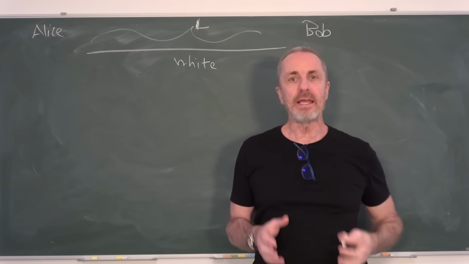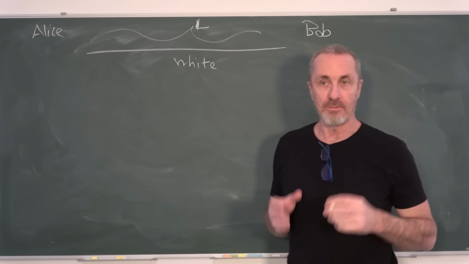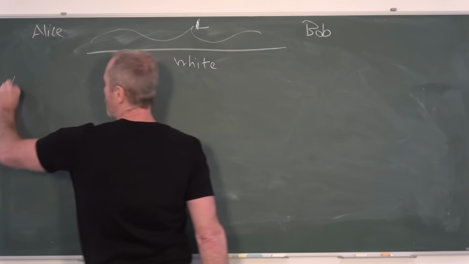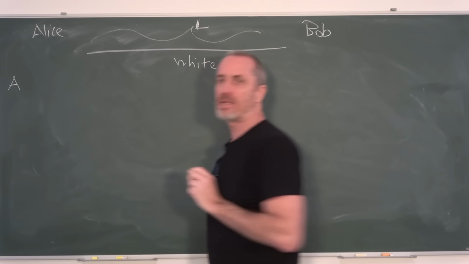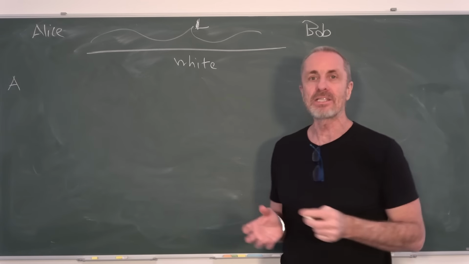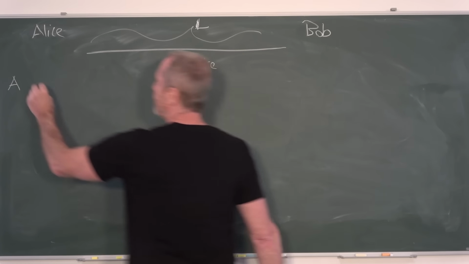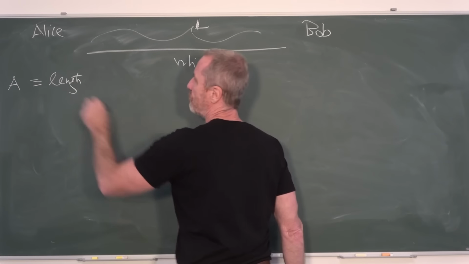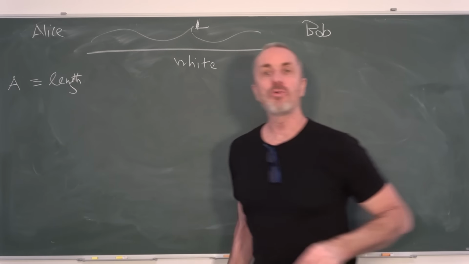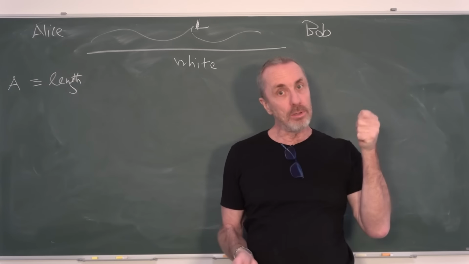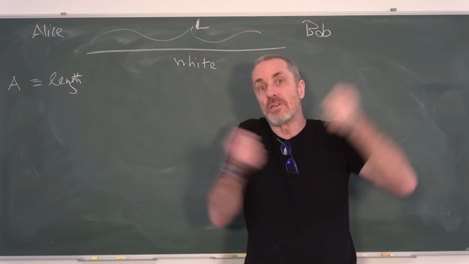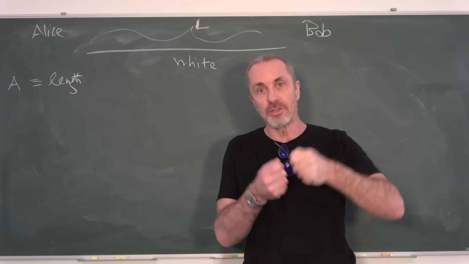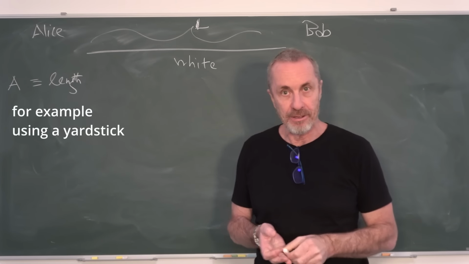Now let me explain what measurements they can perform. So what is measurement A? Measurement A is Alice measuring the length of the string. How does she do that? She pulls the string and then she simply uses whatever instrument to measure its length.